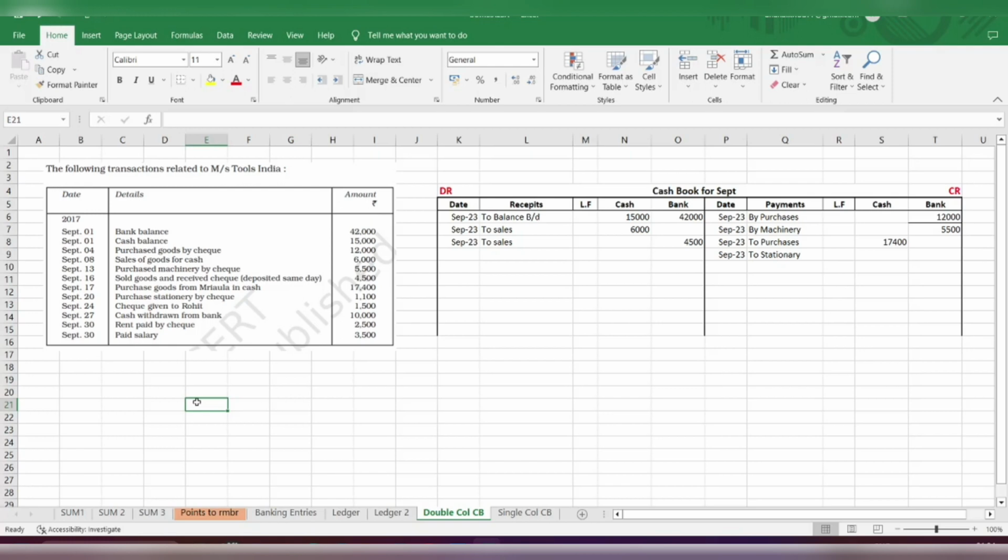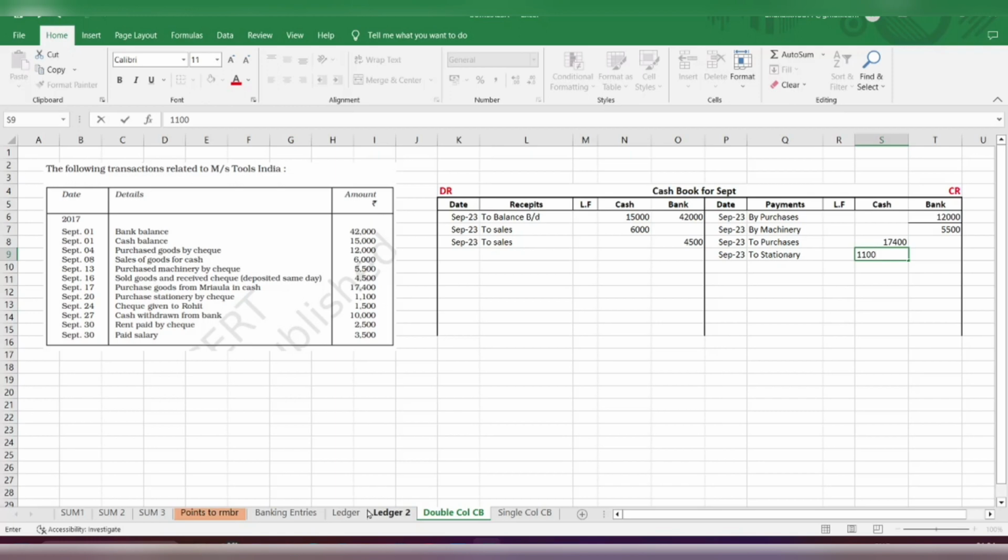When goods are purchased or sold, we have to take the purchase and sales account. We cannot write goods account. When there is a purchase of an asset, or any income coming in, any expenses, or a liability, then we have to mention that particular account. So here, by stationery, 1,100.